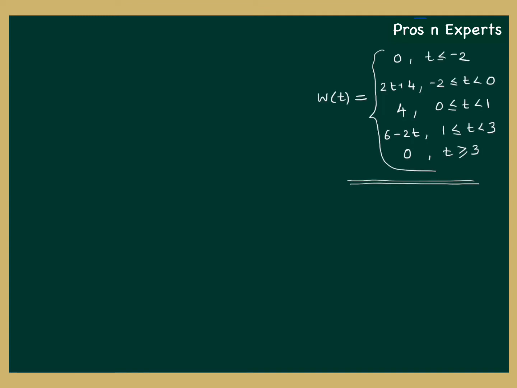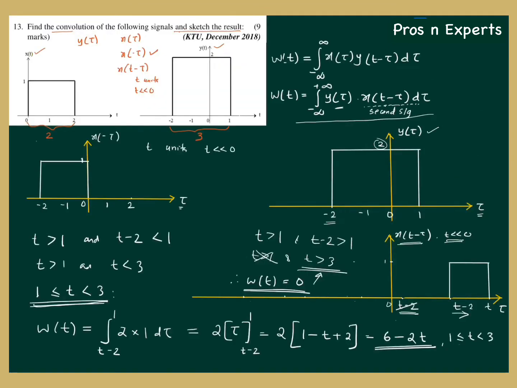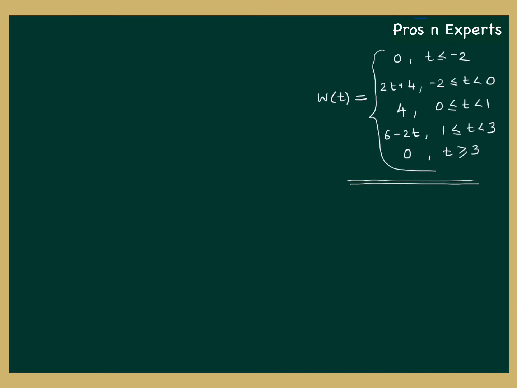So this is the final signal in algebraic terms. But I invite your attention to the question, which is to sketch this result. So now you need to sketch whatever we have obtained as w of t. Let us attempt to draw this w of t.